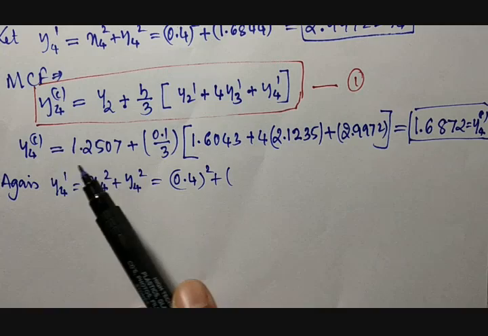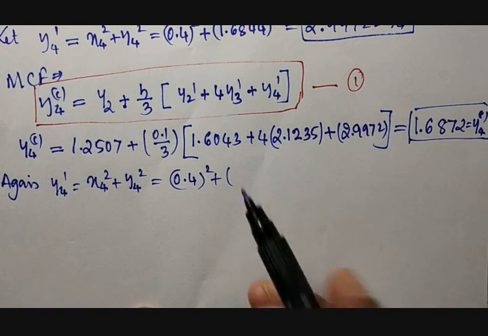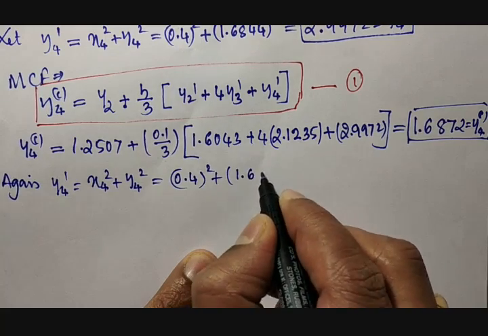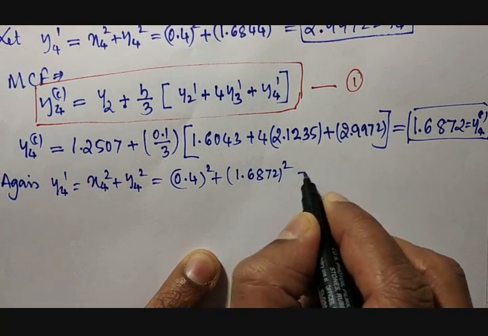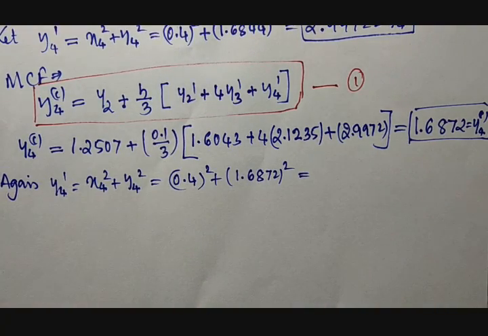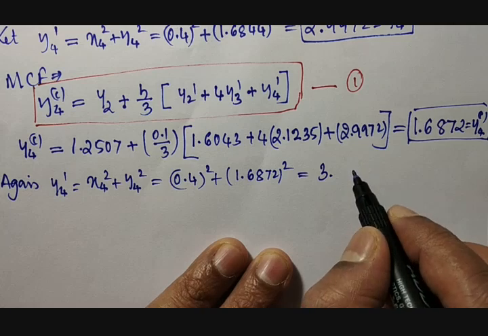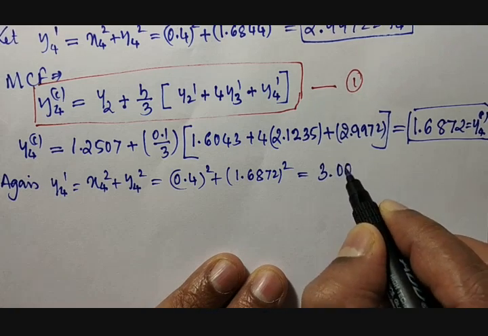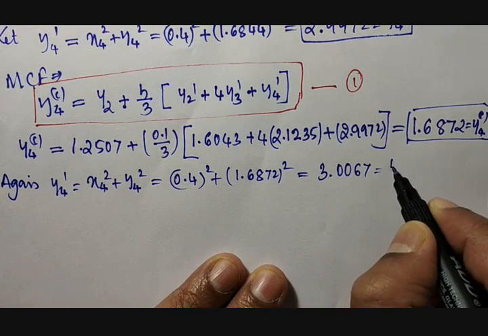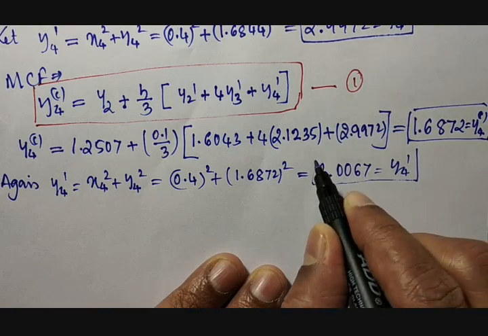Recently obtained, that is 1.6872 the square. Calculate this. 1.6872 the square is equal to 3.0067, that is y4 dash.